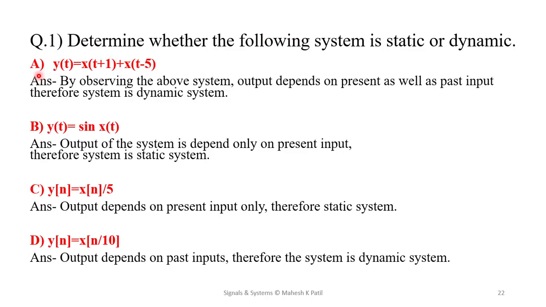First sub-question: system y(t) = x(t+1) + x(t-5). By observing this system, the output depends on the present as well as past input. You can observe here it is x(t+1) and x(t-5). Therefore the system is a dynamic system.